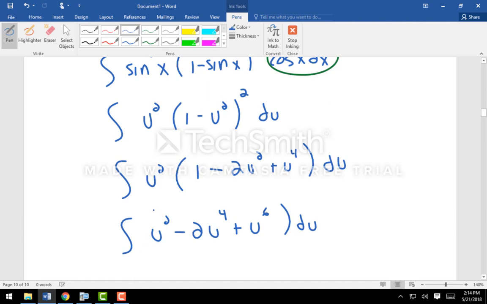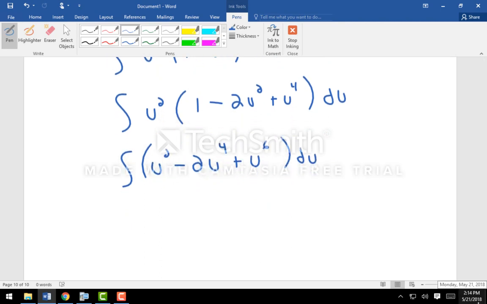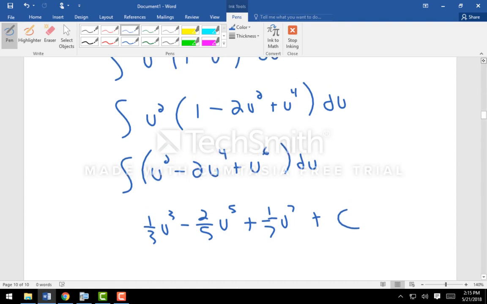So now we can think of this as a polynomial form, and then we can take the antiderivative of each term individually. So the integral of u squared is 1/3 u cubed. This will be minus 2/5 u to the fifth, and then plus 1/7 u to the seventh. And then we had let u equal sine in this case. Let me double check that that's what we did.